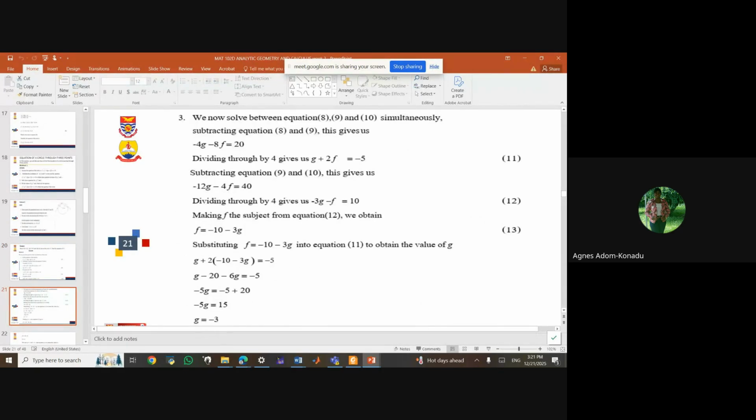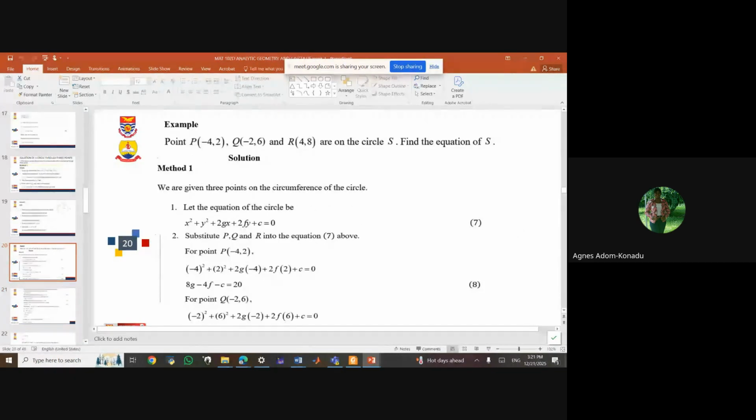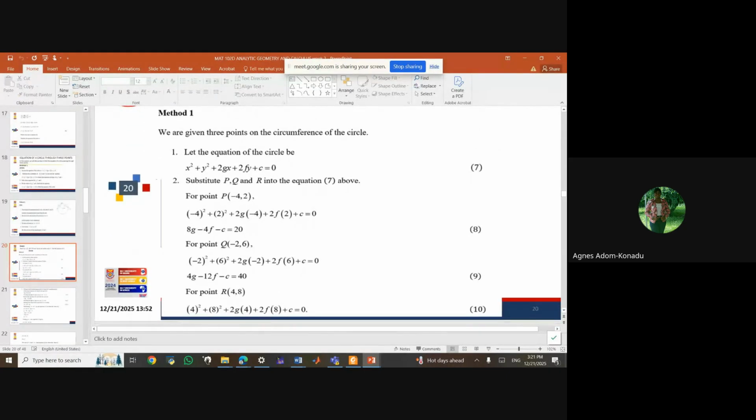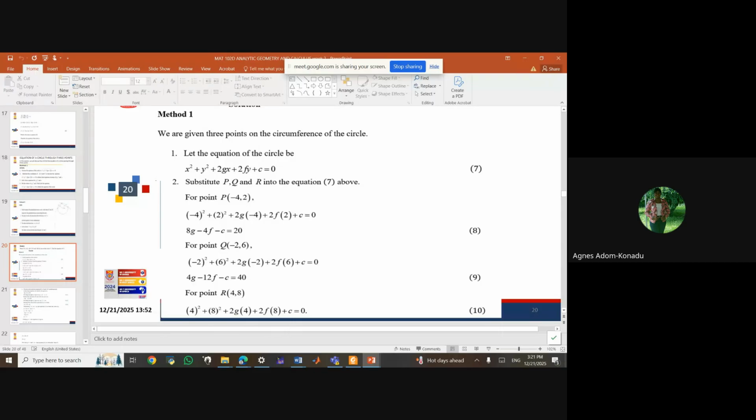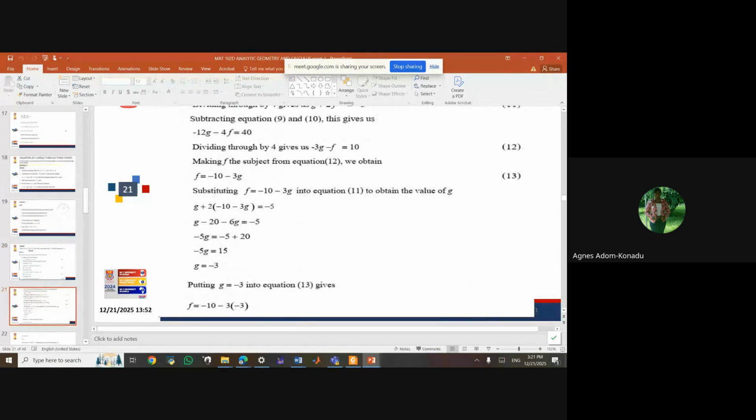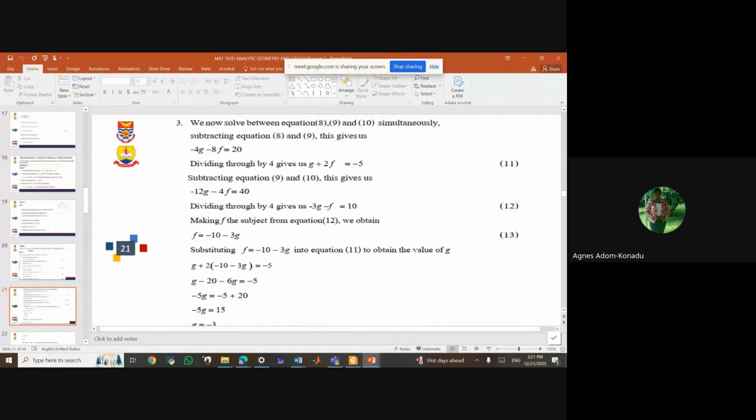And when I simplify, I'm going to get 4g minus 12f minus c equal to 40. Then the next one, I will substitute R, which is 4, 8. This is 4 squared plus 8 squared plus 2g times 4 plus 2f times 8 plus c equal to 0.